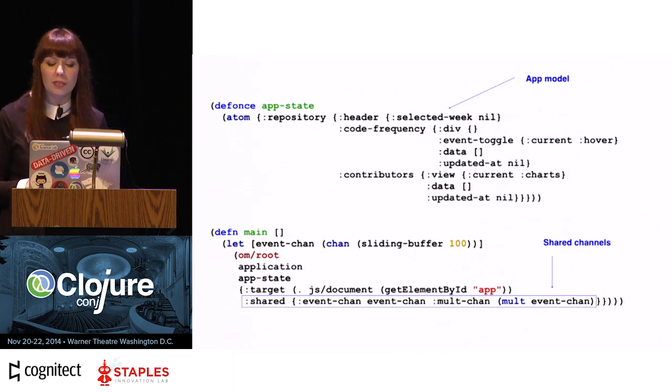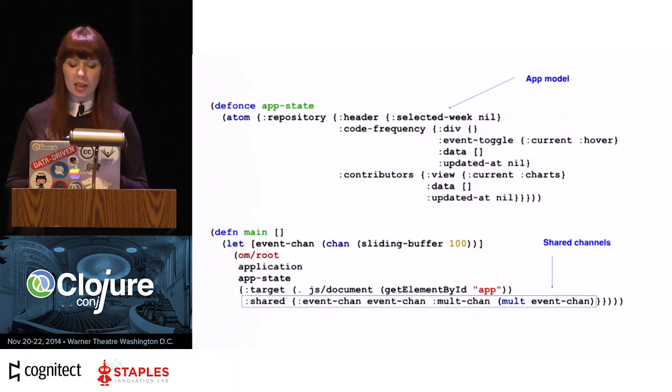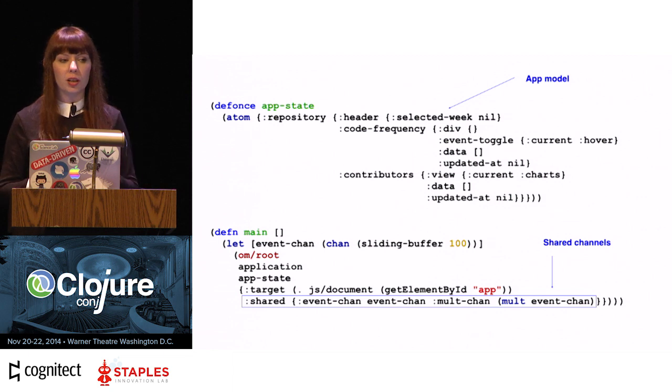We also have a mult of that channel, which is given to other components, and they can tap into that mult. This way, when we distribute the timestamp, all of the tabs get that timestamp.